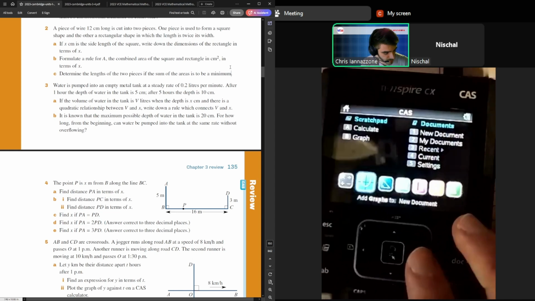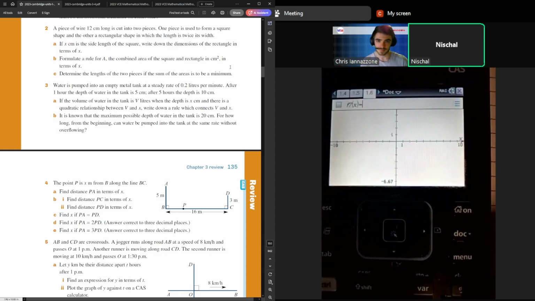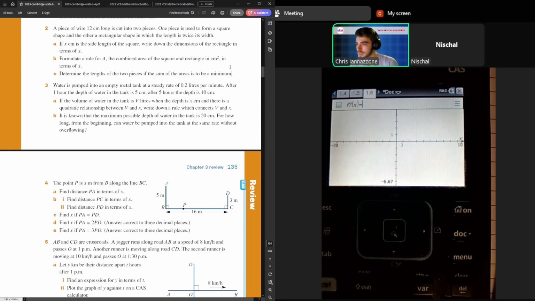So this being a tech active exam, you could probably just plug in the equation and just get a graph and then look at the minimum. Yes. So when it comes to extent of response style things, the answer is usually some sort of decimal or some root.